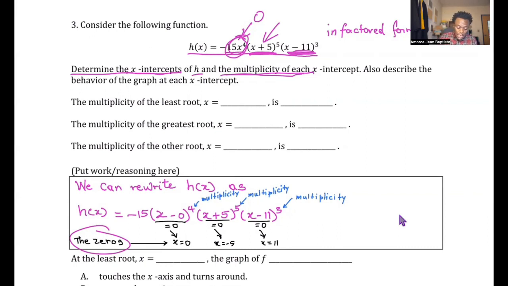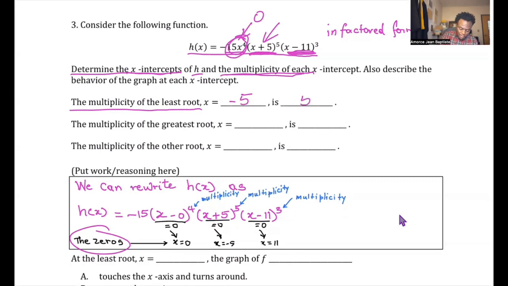Now let's answer the questions. Question number 1. They say let's complete this blank. The multiplicity of the least root. Which one is the least root? Of the three we found, x equals 0, x equals -5, x equals 11, the least root is -5. What was the multiplicity for -5?